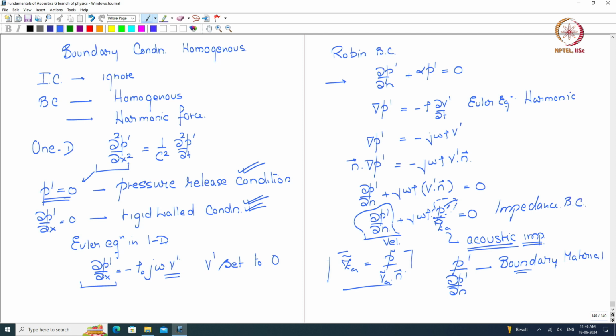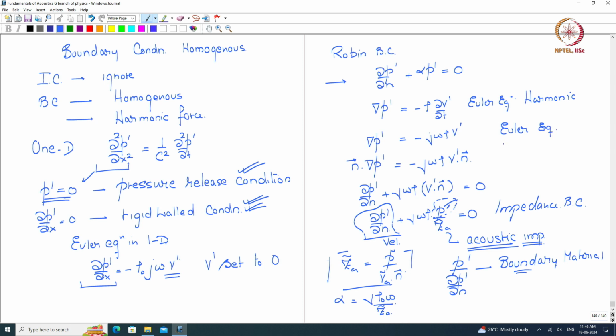Now if you want to relate it back to the Robin condition, the alpha happens to be jρ0ω/Z̃. One thing I will remind you is that the Euler equation is our friend for the harmonic case.